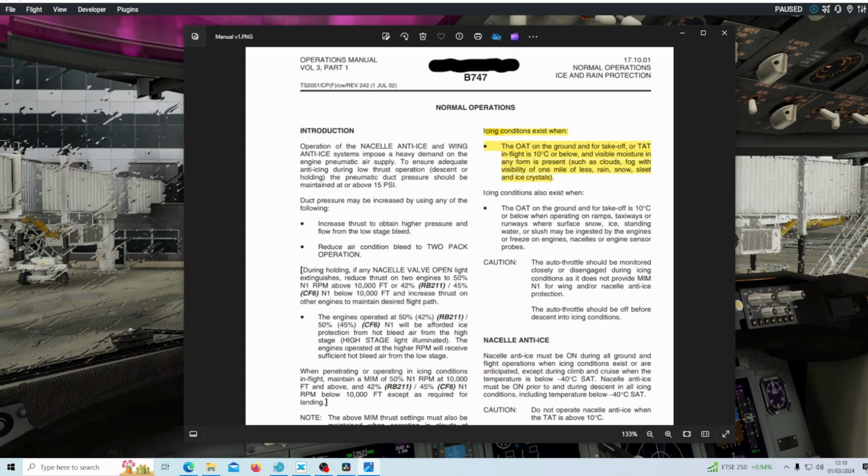Highlighted there: icing conditions exist when the outside air temperature on the ground for takeoff, or TAT in flight, is 10 degrees C or below, and visible moisture in any form is present, such as clouds, fog with visibility of 1 mile or less, rain, snow, sleet, and or ice crystals.